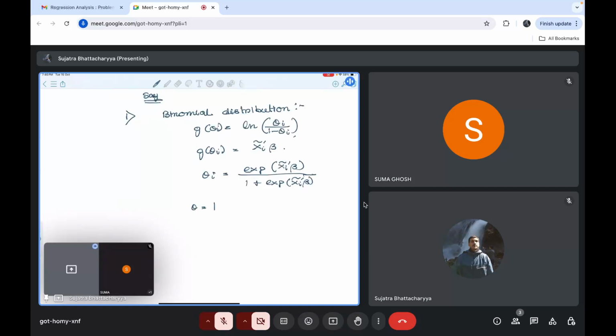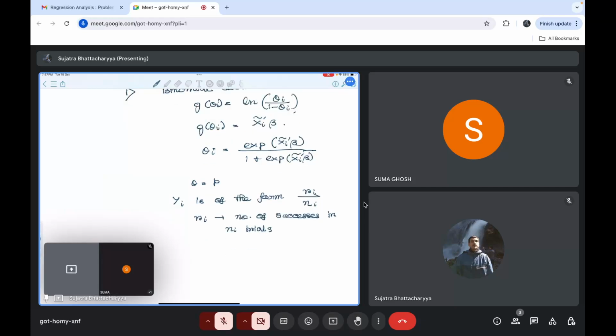Suppose theta is equal to p, where yi for the binomial distribution is of the form ri out of ni, so ri is the number of successes in ni trials.